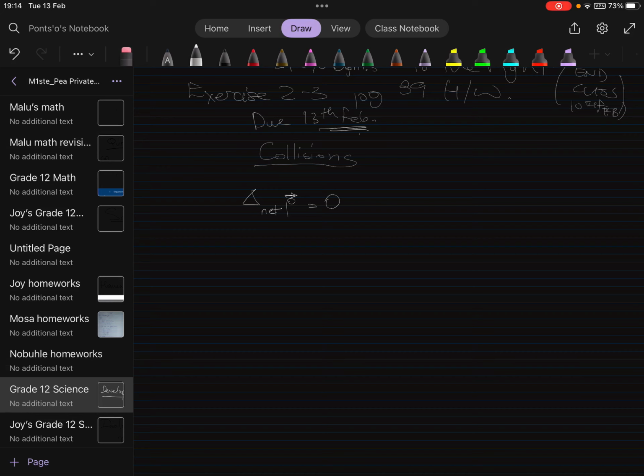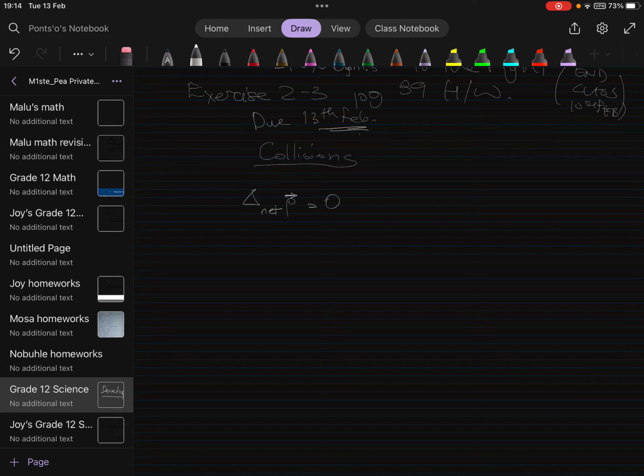So it makes sense to define the initial total momentum, P subscript Ti, which includes the momentum of object 1, the cue ball, and the momentum of object 2, the black ball.